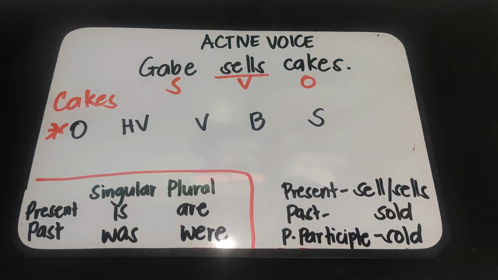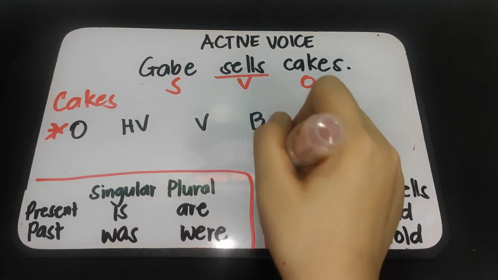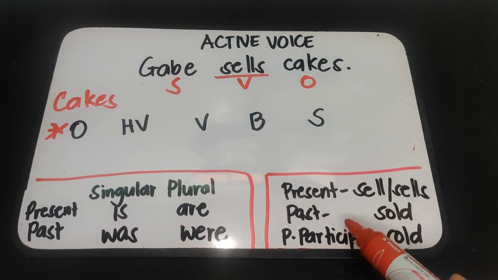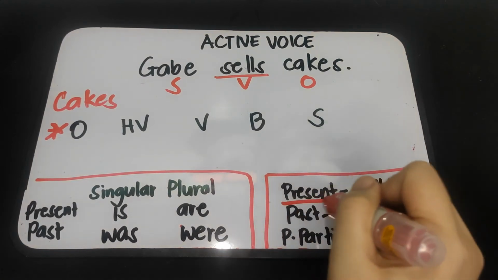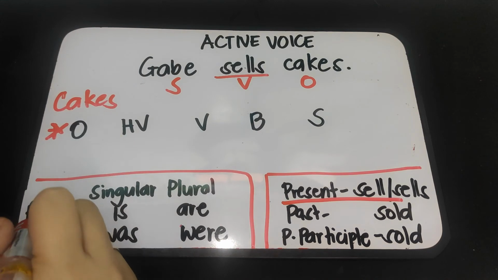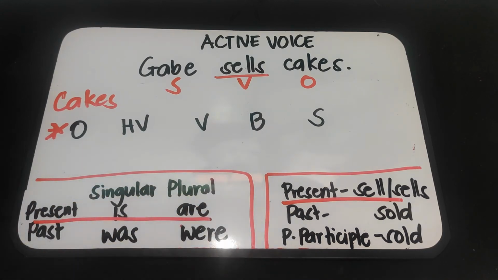And its principal parts are the following. We have the present, past, and past participle. Where is the word sell placed in the given principal parts? In present. Correct. So the helping verb that we are going to use is either is or are.